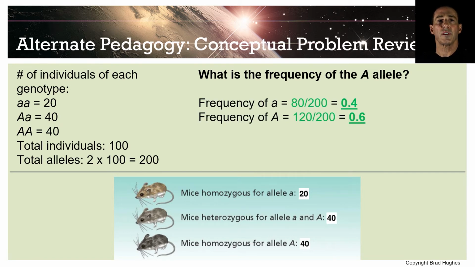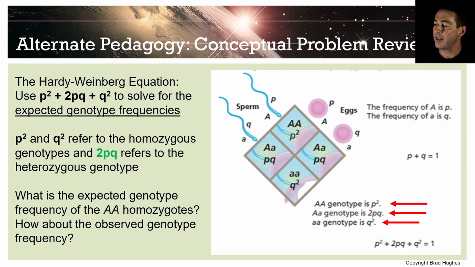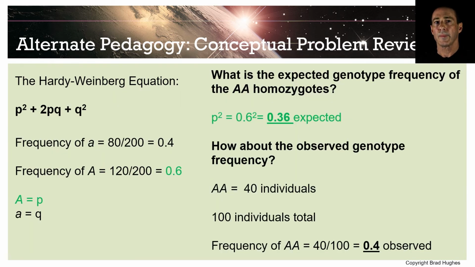Using our observed allele frequency results, we can calculate the expected frequencies of each genotype if they were in Hardy-Weinberg equilibrium. These expected values can then be compared to the observed genotype frequencies to determine if the population is in Hardy-Weinberg equilibrium. The expected frequency of the big A genotype is p squared, 0.6 squared equals 0.36.